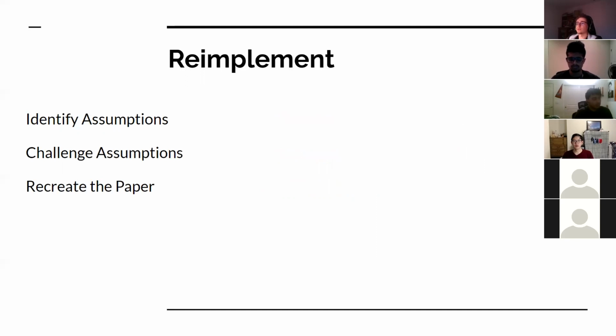Finally, re-implement is an advanced stage that you would want to use when reading especially a computer science paper. The purpose is where you would really go into details. You'll understand everything used in the paper and every other referred research.